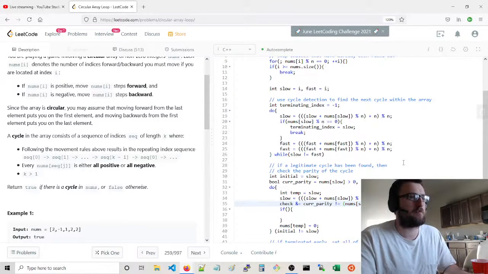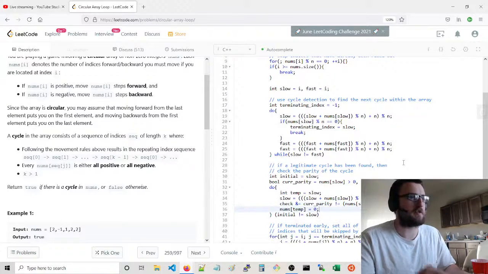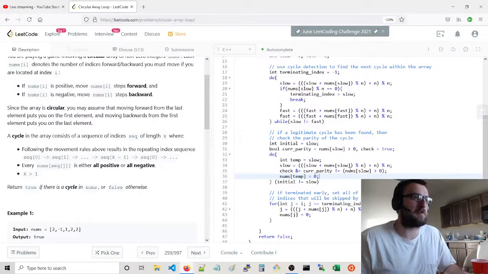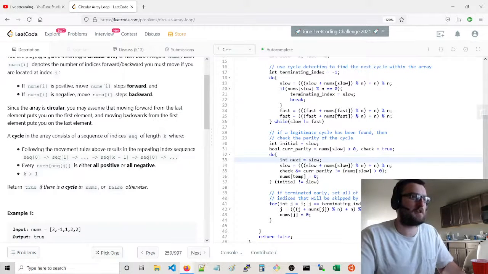And we assume that we're not going to make it, so we always set nums of temp to 0. Let's do it this way. Next is going to be this guy.